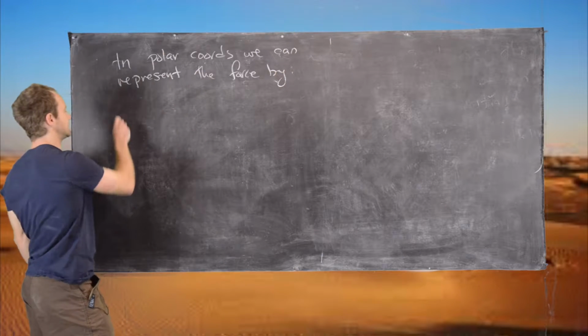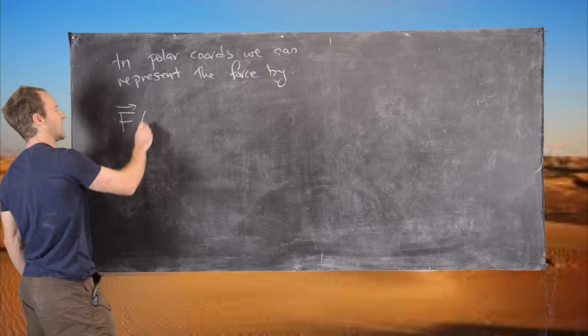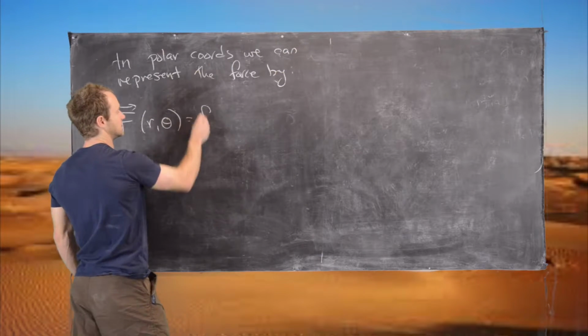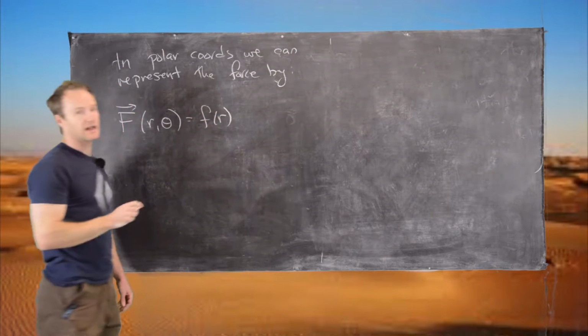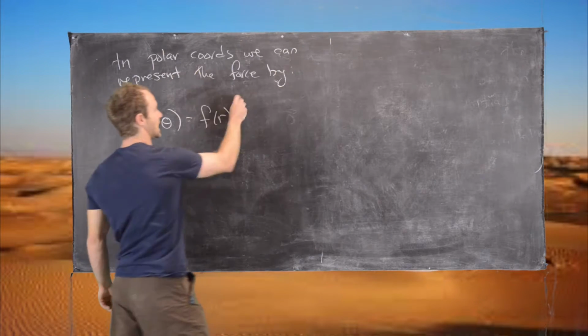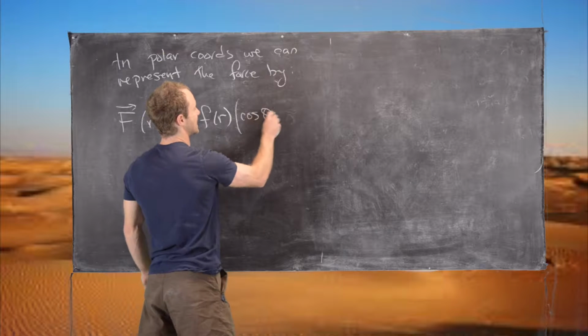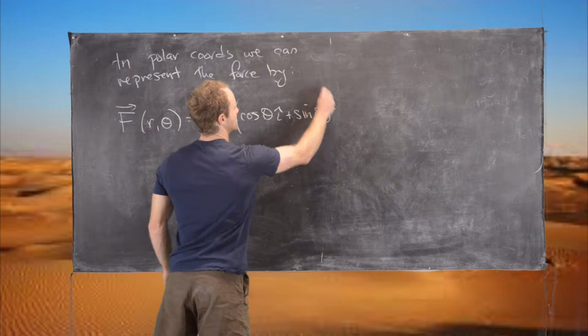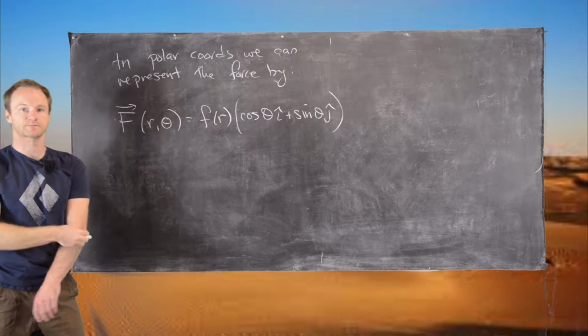We can represent it by the vector F(r, theta) equals little f of r, which only depends on the distance from the origin, times cosine theta in the i direction plus sine theta in the j direction.